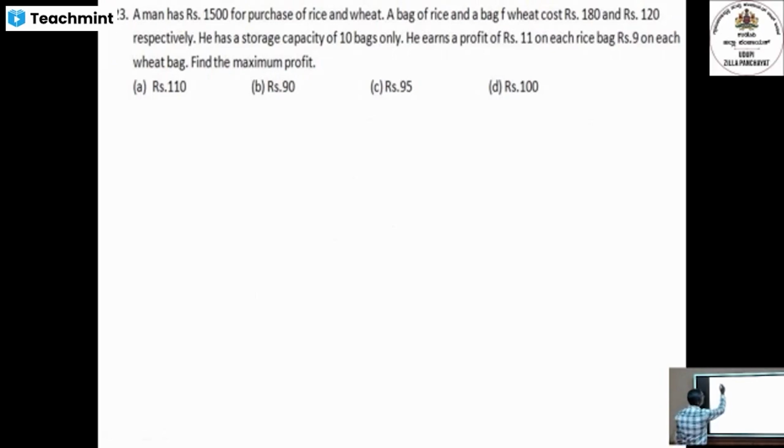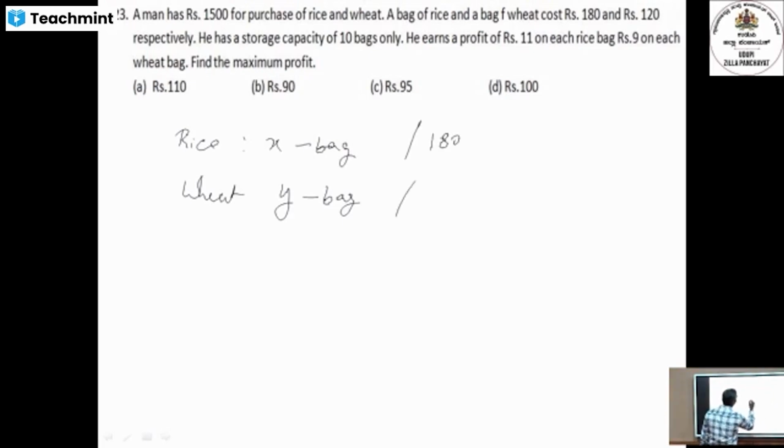A man has 1,500 to purchase rice and wheat. So rice, let us consider as x, wheat as y. A bag of rice, x bags, and y bags of wheat, the cost is 180 and 120.